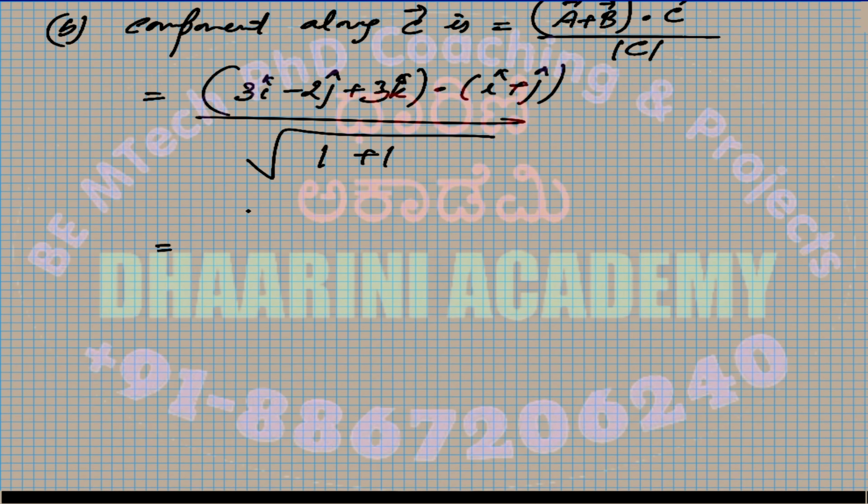I and j get multiplied, so 3 minus 2 divided by root 2. So the answer is 1 by root 2.